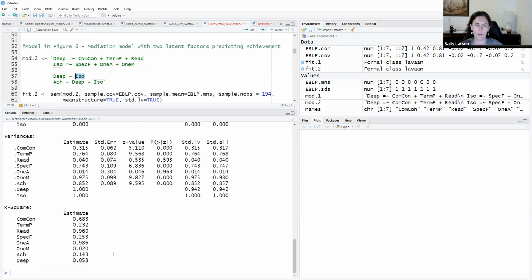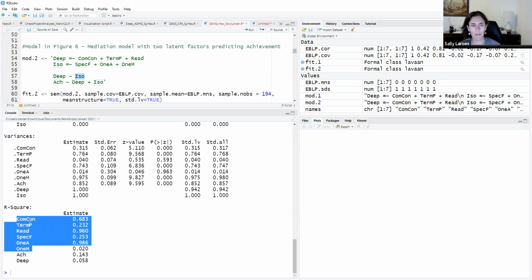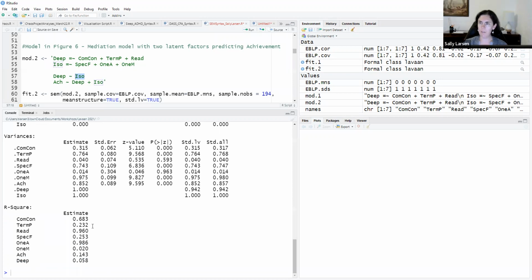But we don't have variance explained for isolated learning because it's exogenous, so it's only predicting other things. Then these other ones have a slightly different interpretation. This is how much of the variance in those observed variables is captured by the latent variable model. It's a bit of a different concept, but it's all to do with variance being explained in either observed or latent variables.